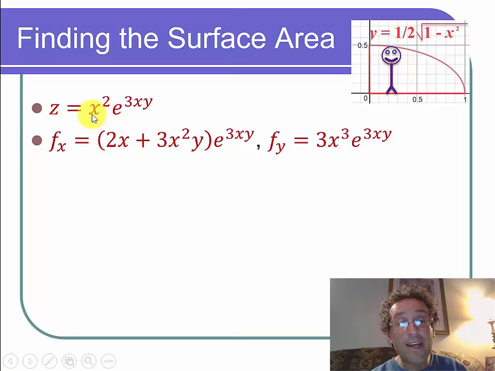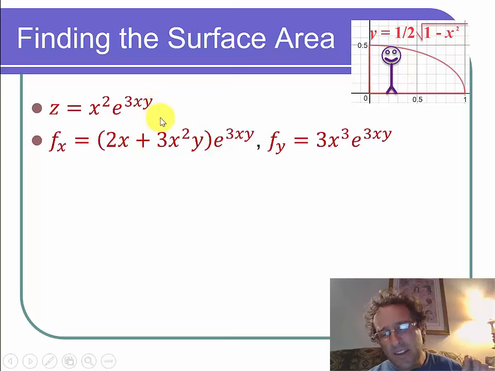The derivative of x squared is 2x, and the derivative of e to the 3xy with respect to x is 3y, e to the 3xy. So when I use the product rule, both terms will have an e to the 3xy. I factor that out. And I'm left with a 2x. And then remember, 3y times x squared is 3x squared y.